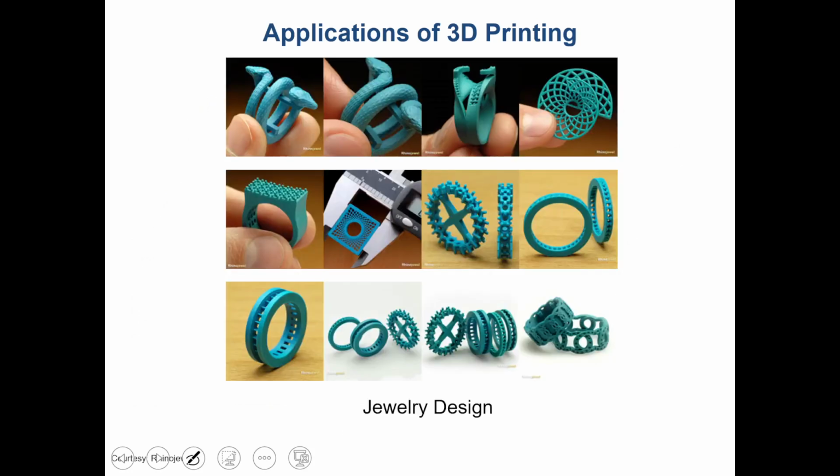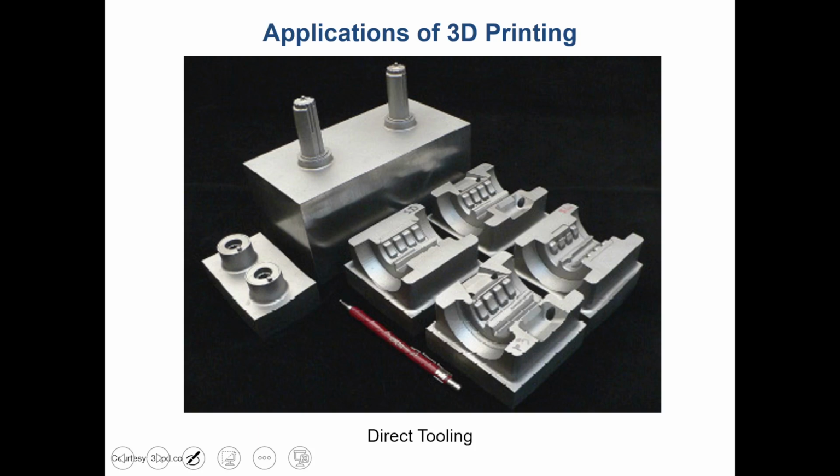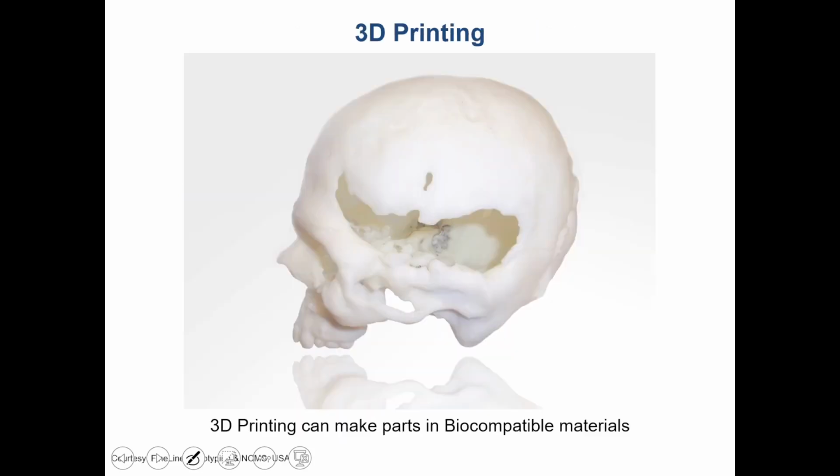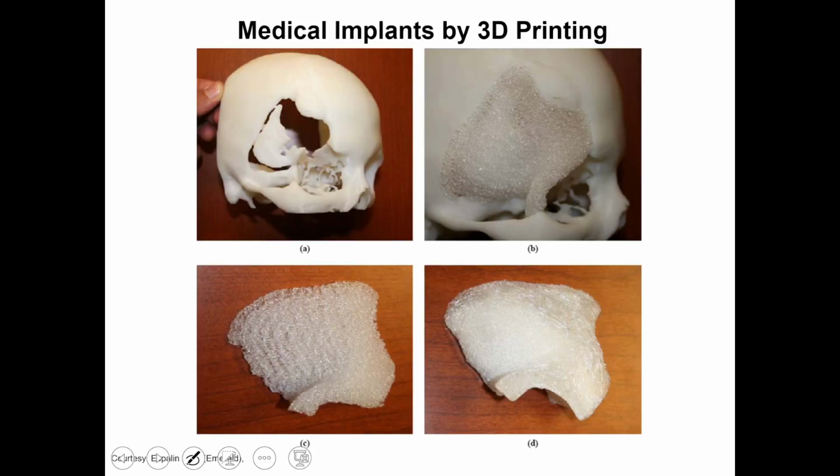This is the application: designs, direct tooling, and reverse engineering. Biocompatible materials are used, and medical implants are made by 3D printing. They print human bones that can be inserted, for example in the brain.